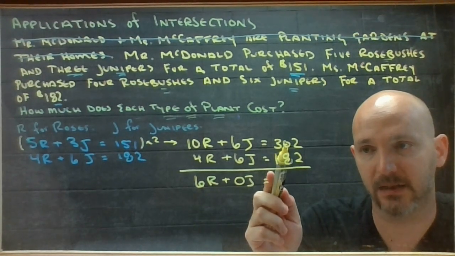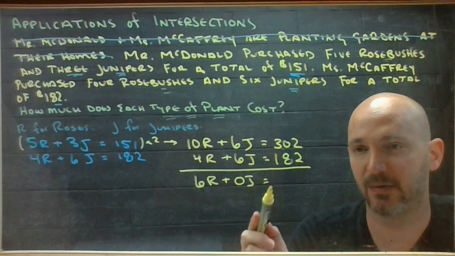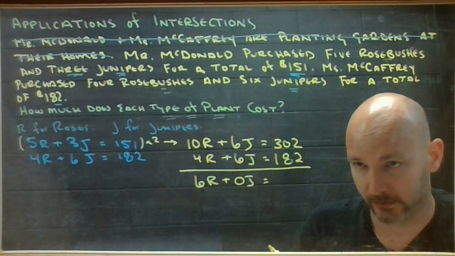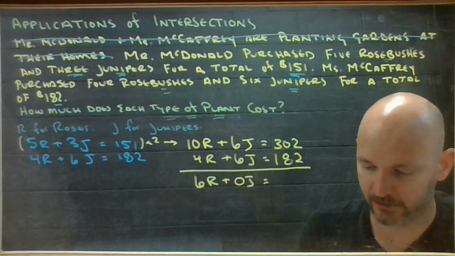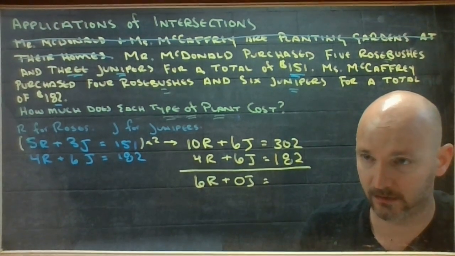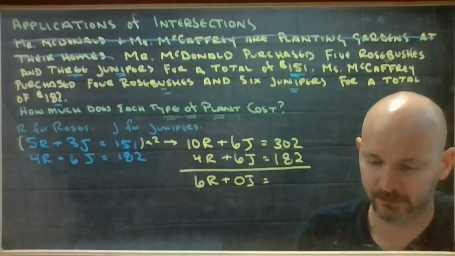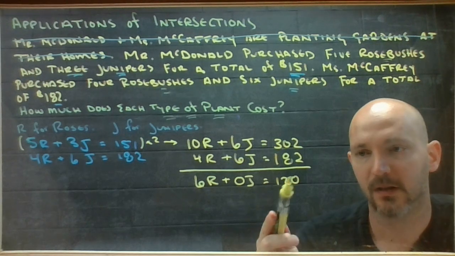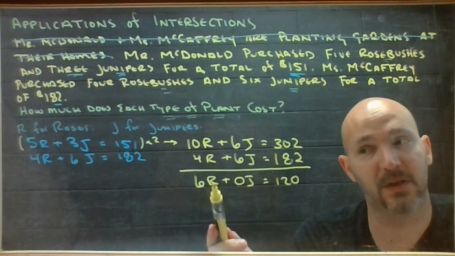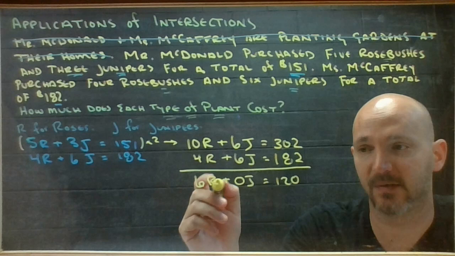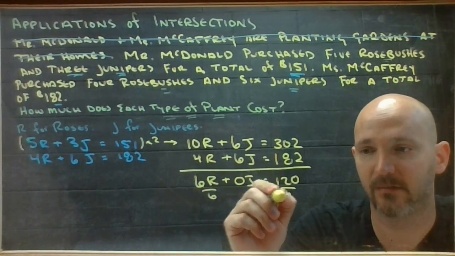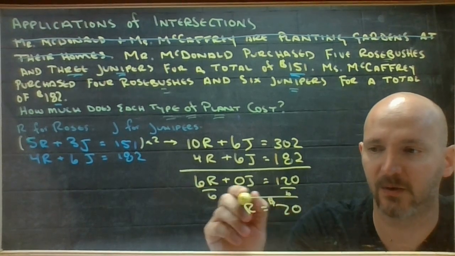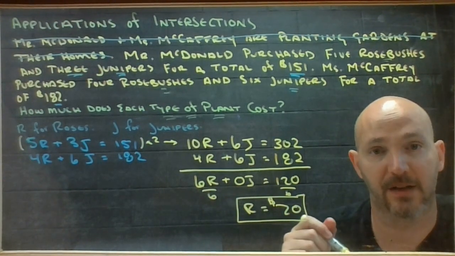And this money, take that money out, 302 minus 182 should be 120. Let me check that. Yep. So the extra money here was only because of those 6 extra rose bushes. So if I divide everything by 6, I get R is $20. So the rose bushes cost 20 bucks each.